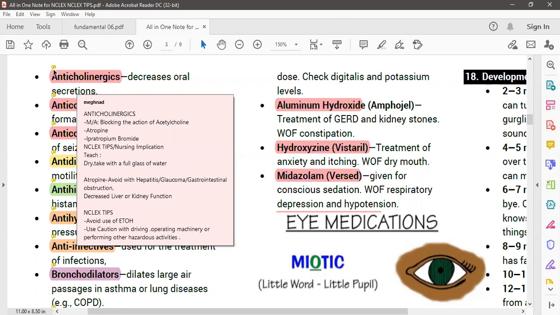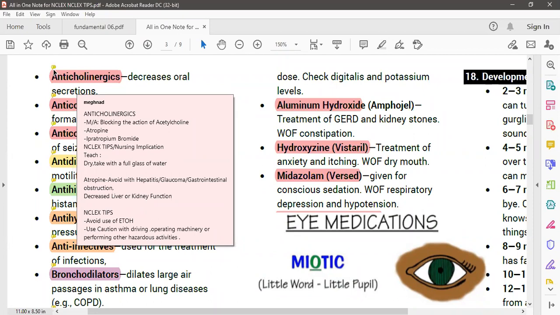The drug can cause dry mouth or blurred vision, photophobia or tachycardia. So it is good to educate your patient.